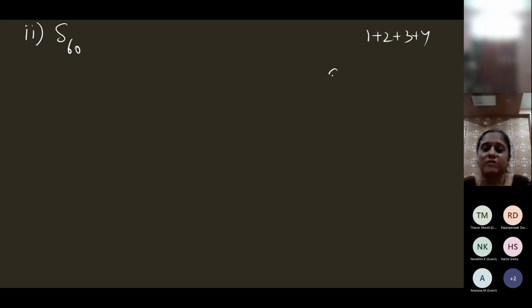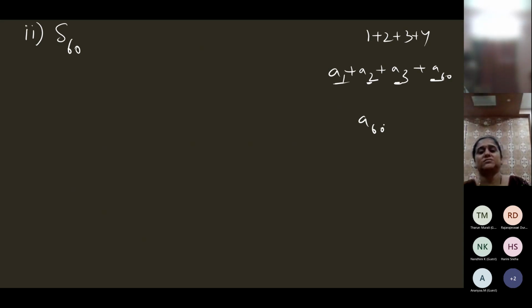So like that till 60 meters. These are the charges for every meter. A60 is a charge only for that 60th meter.